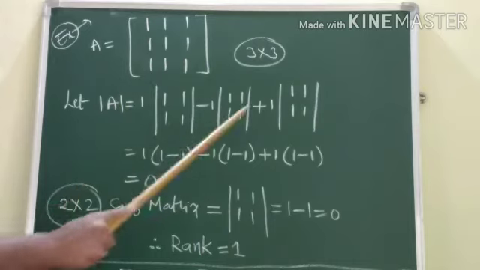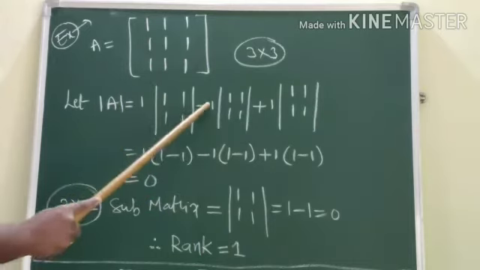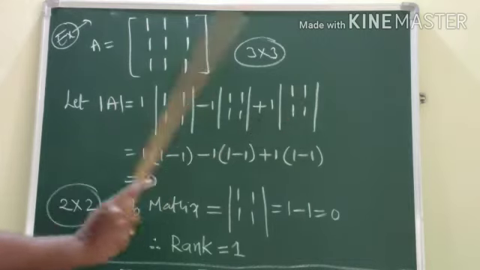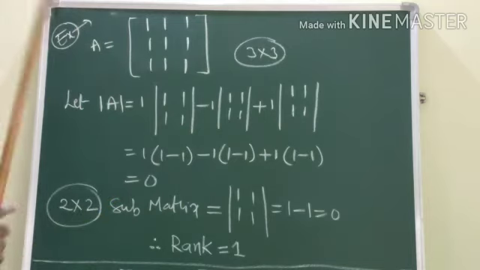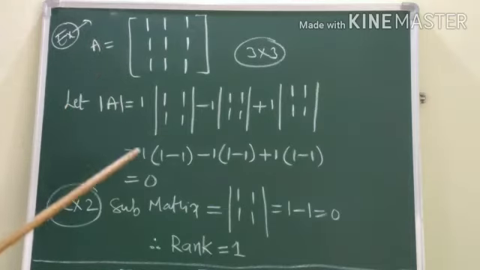By simplification we get 1 into 1 minus 1, minus 1 into 1 minus 1, plus 1 into 1 minus 1, that is 0.